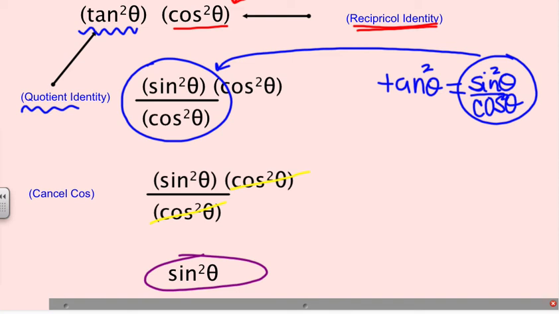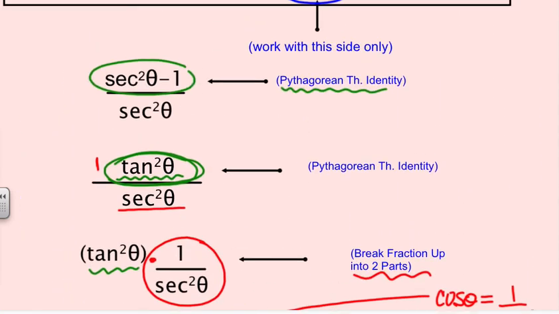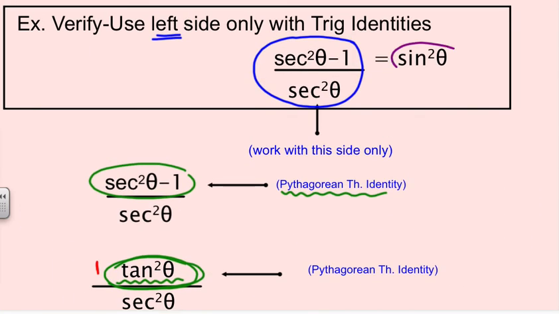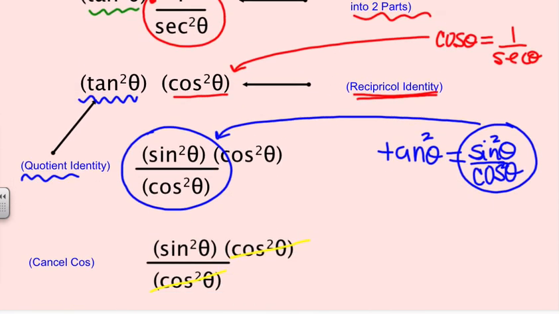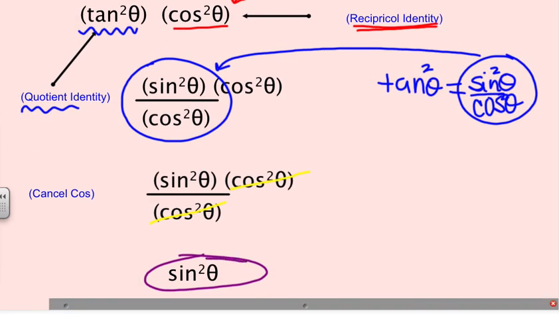That's what I wanted. So let's go back up to our problem. We wanted sine squared of theta. So we continuously worked with the left-hand side, rewrote, used our identities so that we showed that that left-hand side does in fact equal sine squared of theta. We've proved it.